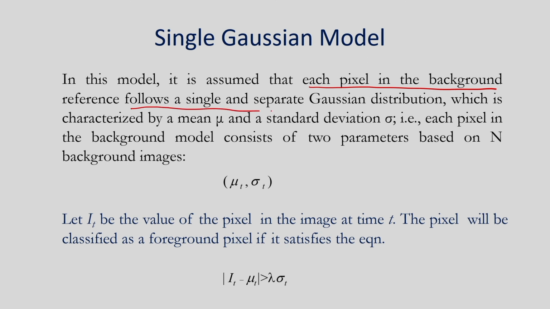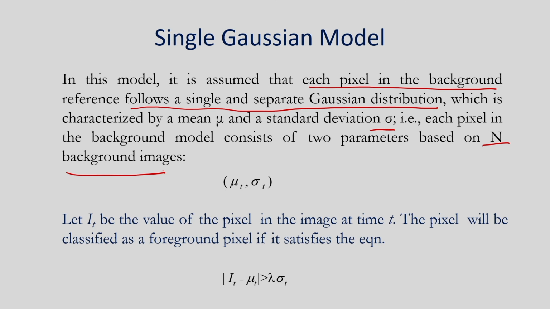That means for a particular pixel we can consider a Gaussian distribution, which is characterized by the mean and the standard deviation. So, each pixel in the background model consists of two parameters based on n number of background images. So we can consider n number of background images.